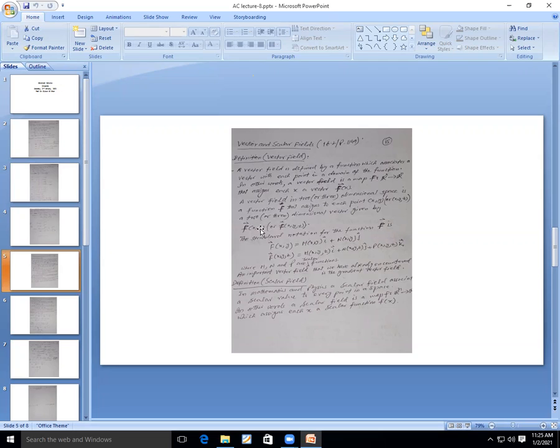So note that the notation for a vector field is capital F with an upper arrow, and F of (x, y) is a vector field in 2 dimensions, while F of (x, y, z) is a vector field in 3-dimensional space.